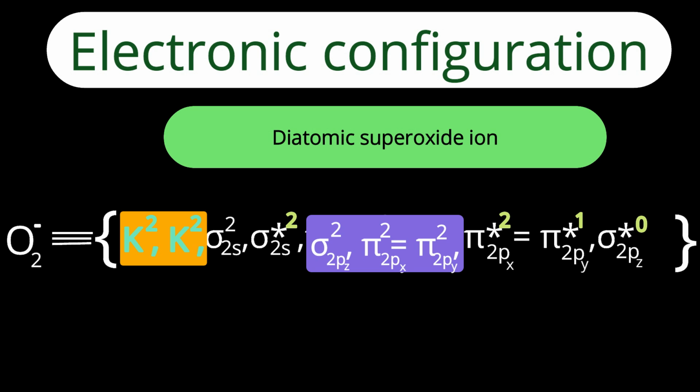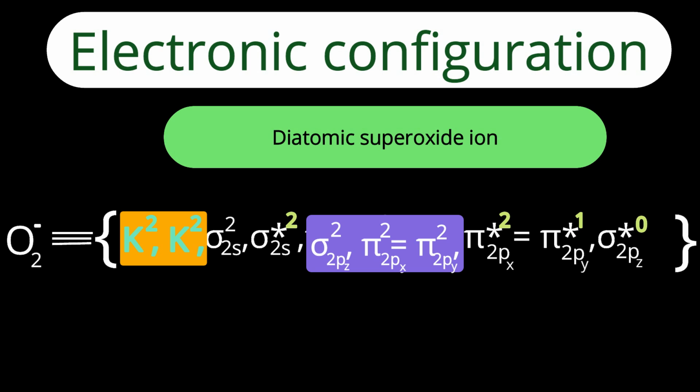Electrons are distributed in those molecular orbitals. See, sigma 2s 2 electrons, sigma star 2s 2 electrons, sigma 2pz 2 electrons, pi 2px 2 electrons, which has the same energy as pi 2py 2 electrons. Then pi star 2px 2 electrons, pi star 2py 1 electron; pi star 2px and pi star 2py are of the same energy. And last, sigma star 2pz has no electron.